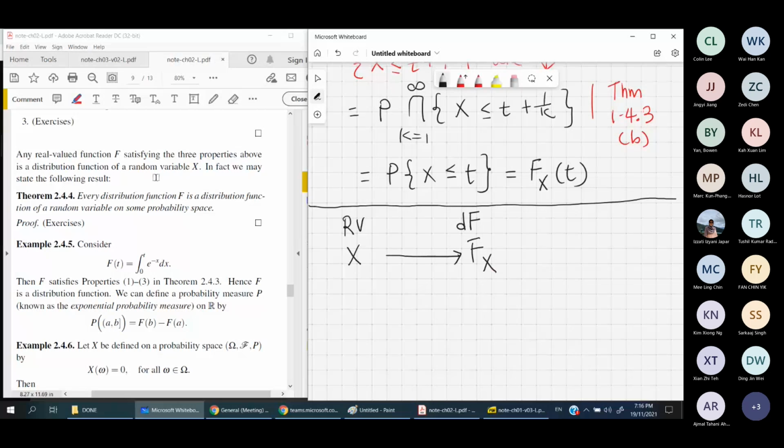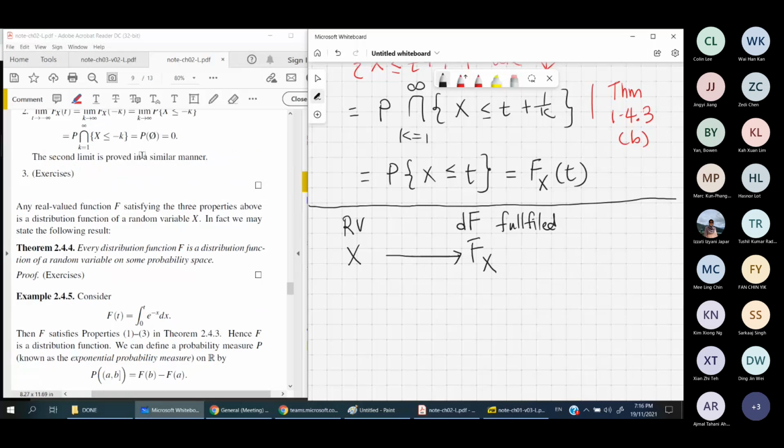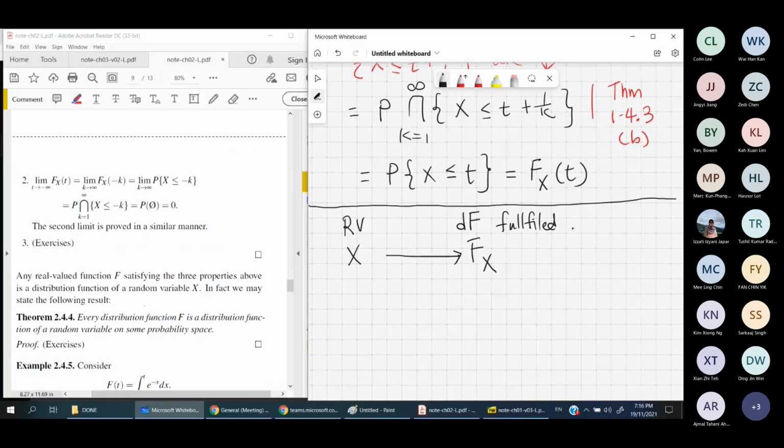It always fulfills these three properties, 1, 2, 3, in theorem 2.4.3.